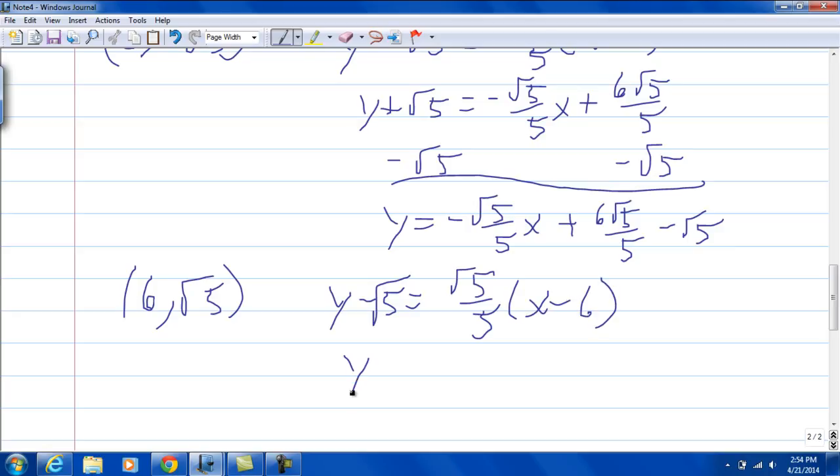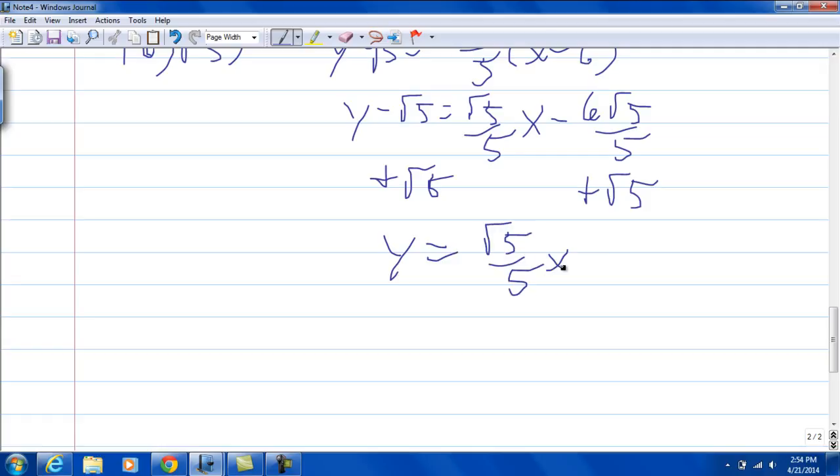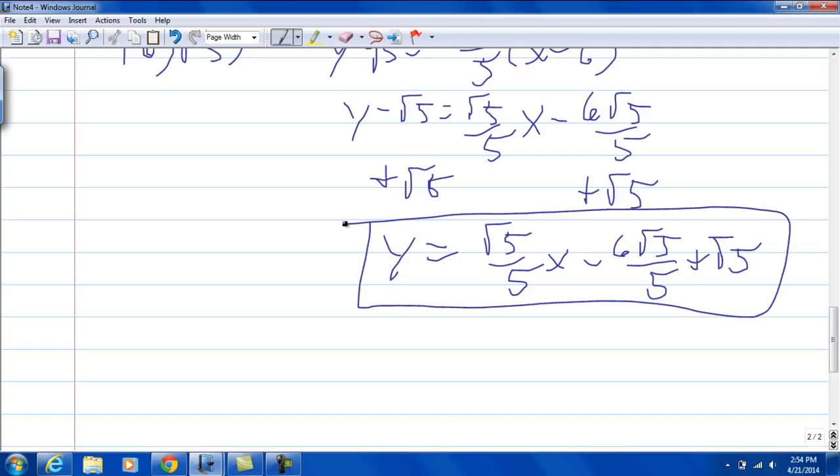So y minus the square root of 5 is the square root of 5 over 5 x minus 6 root 5 over 5. Then we add square root of 5 to both sides. So y equals square root of 5 over 5 x minus 6 root 5 over 5 plus square root of 5. There's the other one.